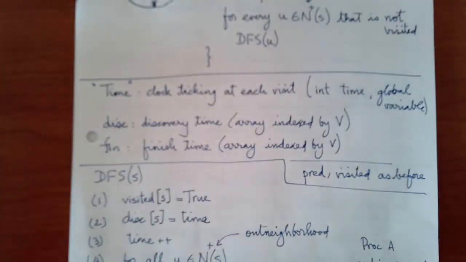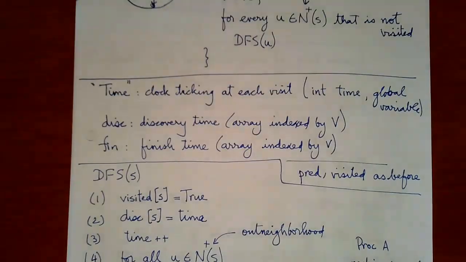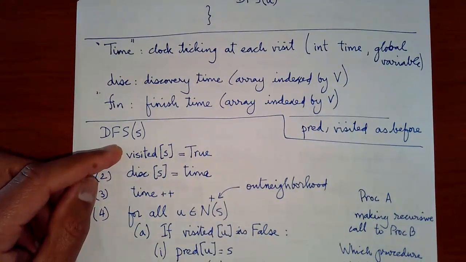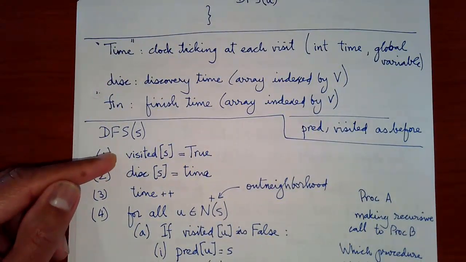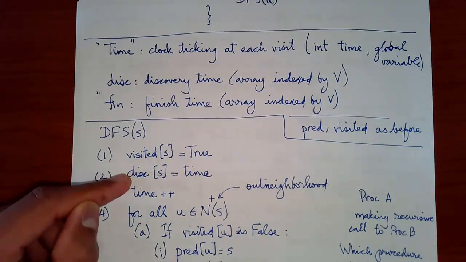Okay. So if you recall, in DFS, for every vertex, we have a discovery time, which is when DFS is called. That's when it gets visited.